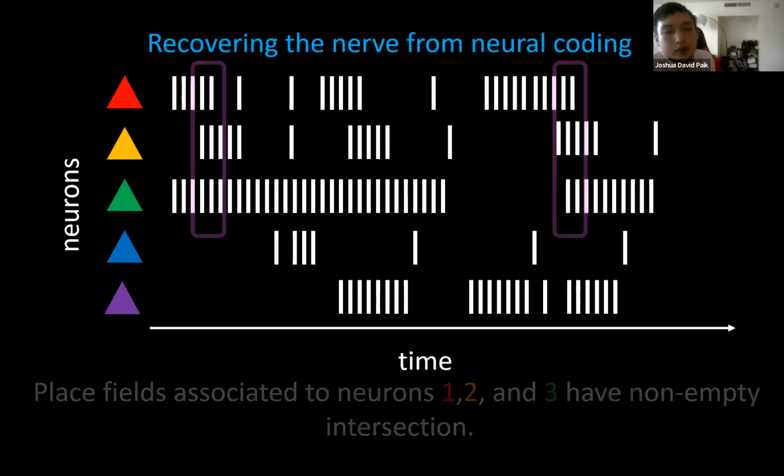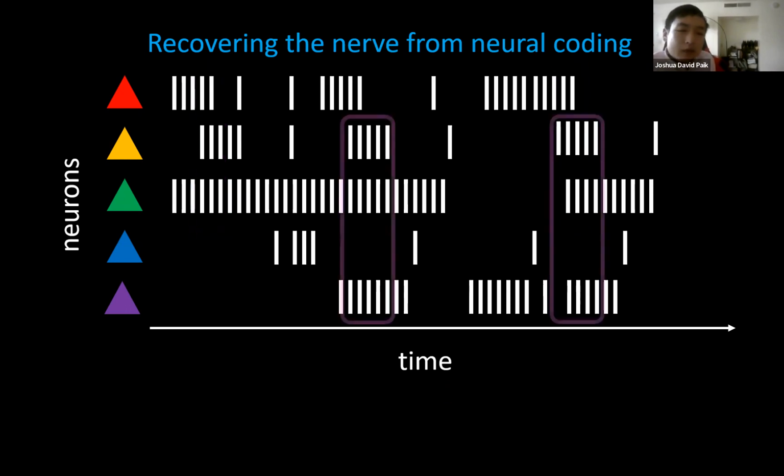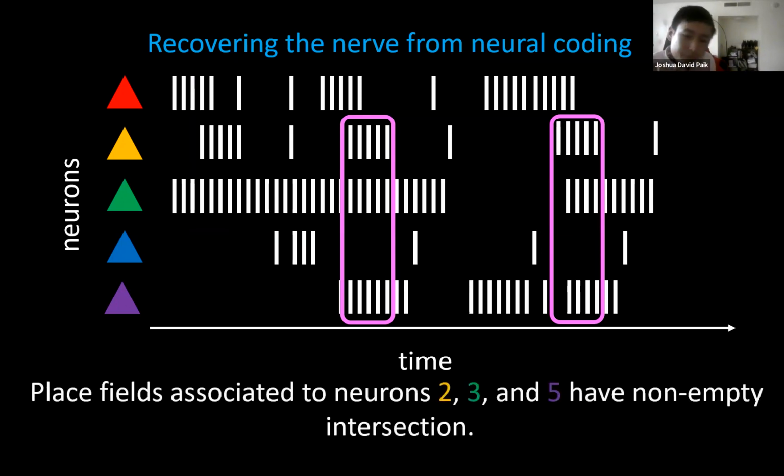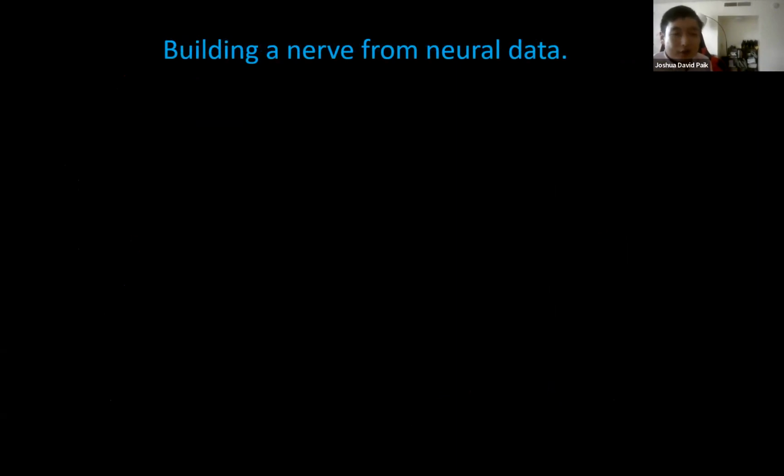We can play that game again. Maybe we see that neurons 2, 3, and 5 are often co-firing. So the place fields associated to neurons 2, 3, and 5 have non-empty intersection. So if we take this data, we can record this co-firing property with a simplex.